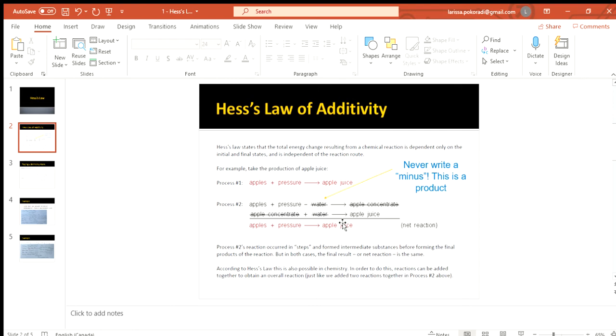Those are intermediate substances. Not really a reactant, not really a product, but something that was created in the middle and then got reacted back off. So process 1, process 2, same starting point, same ending point, just a different route to get there. Following Hess's law, they should have the same enthalpy change.